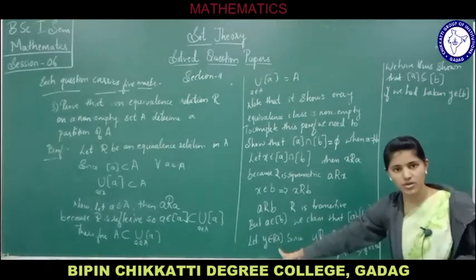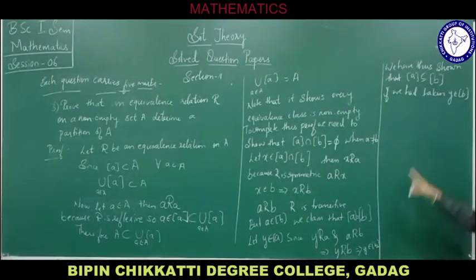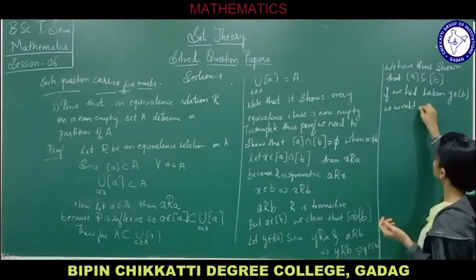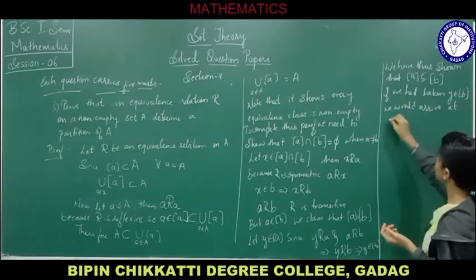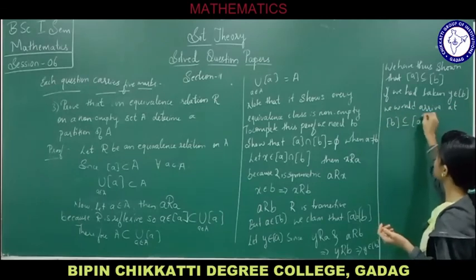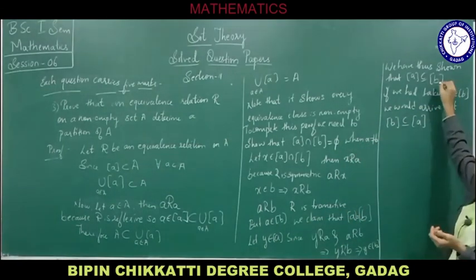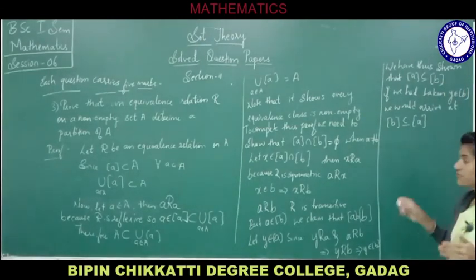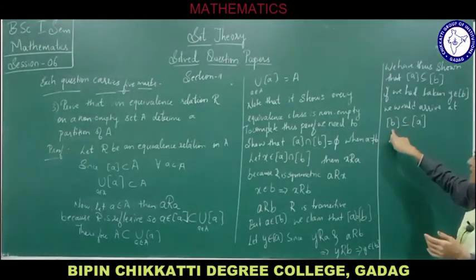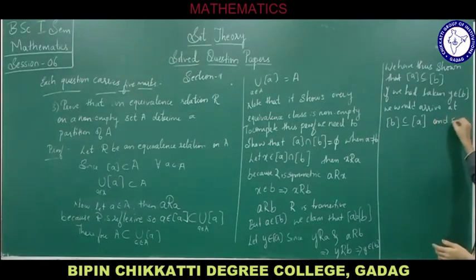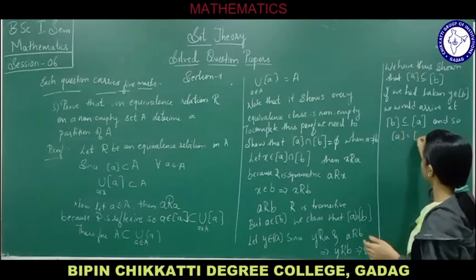We have here taken Y belongs to A, we got that Y belongs to B. The same way, if we had taken Y belongs to B, we would arrive at B is a subset of A. Here we arrived at the conclusion that A is a subset of B. The same way, we would arrive at the conclusion that B is a subset of A. Then what we have? And so A is equal to B.